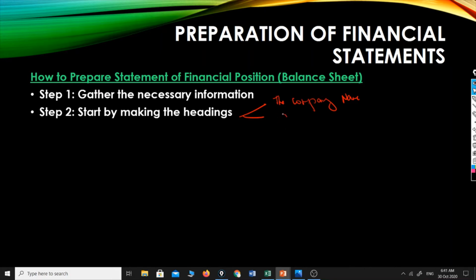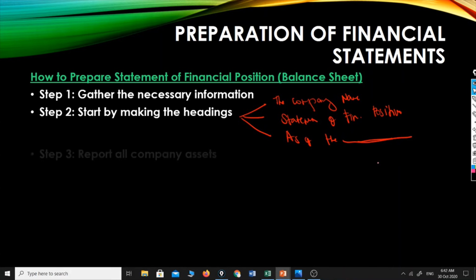We could put statement of financial position, or we could simply put balance sheet. Next is the date, as of the year ended, or as of the month ended, or as of the quarter ended. So it depends on what accounting period the company applies.